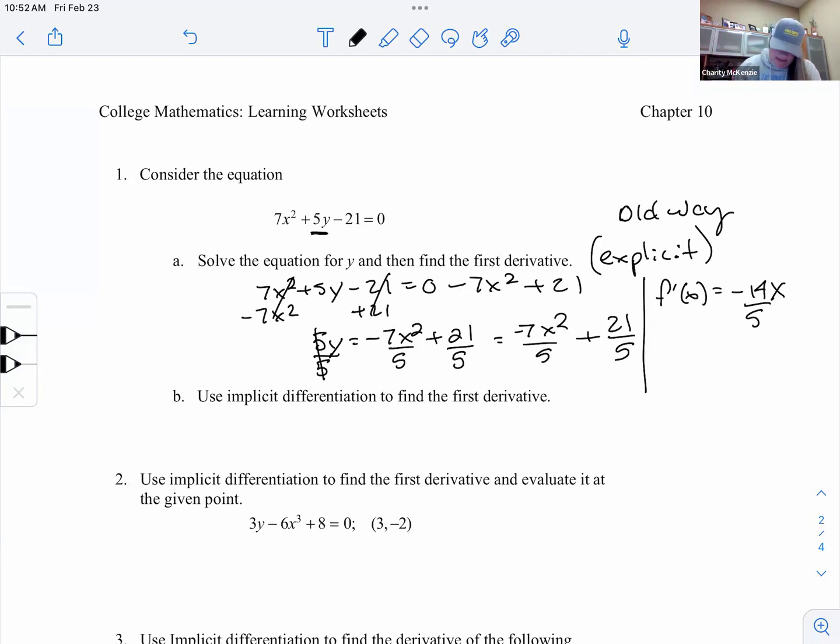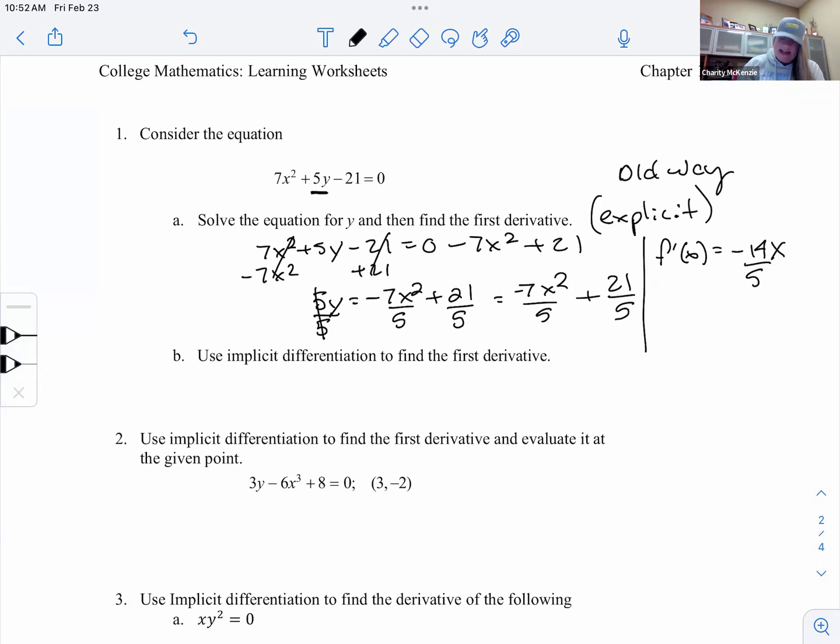The implicit method, the idea of implicit, is when I see a y, I actually write the derivative of it like a y with a prime symbol, every time I do the derivative. So I look straight at this and I take derivative, derivative, derivative.